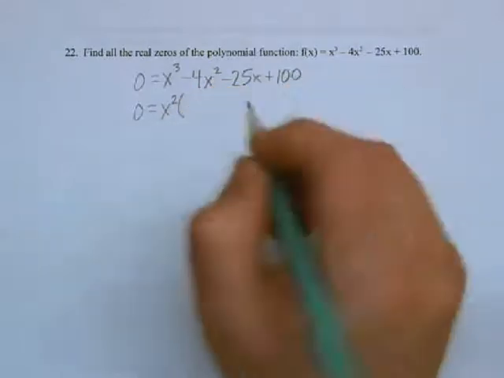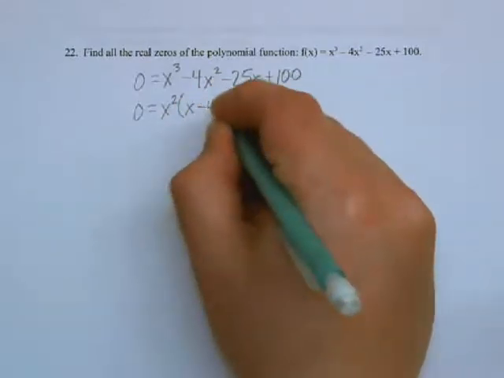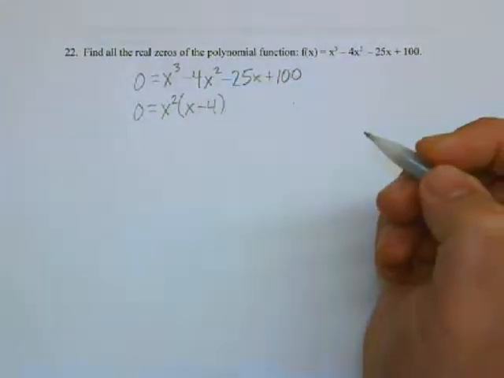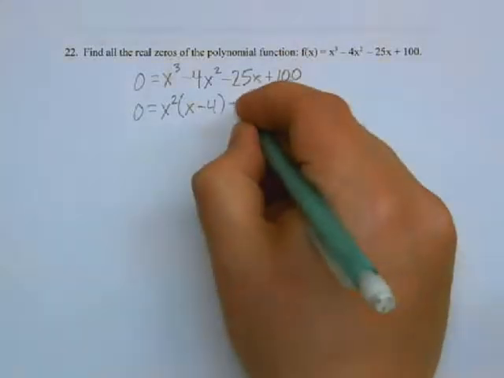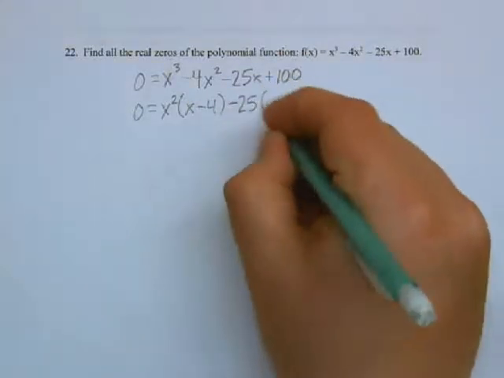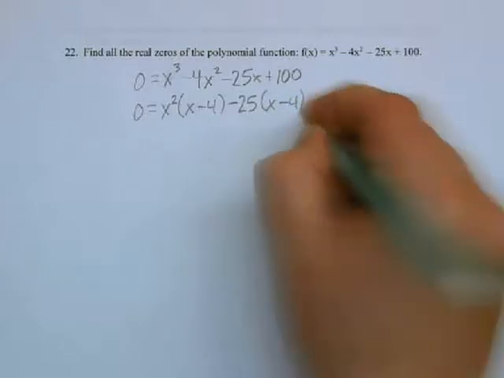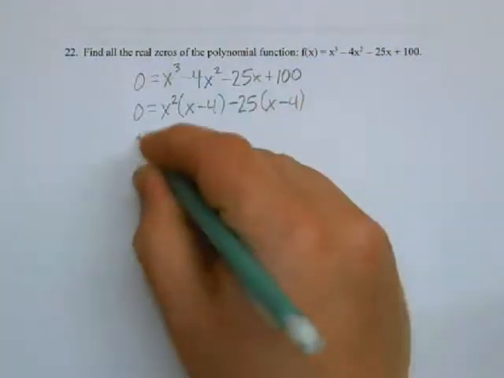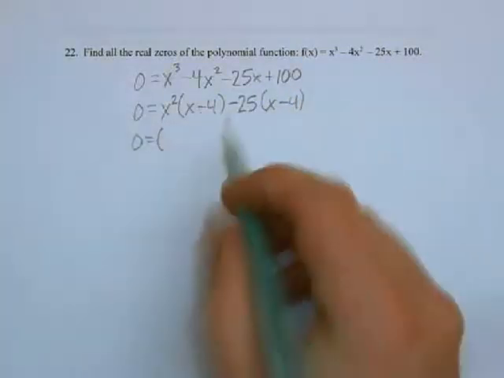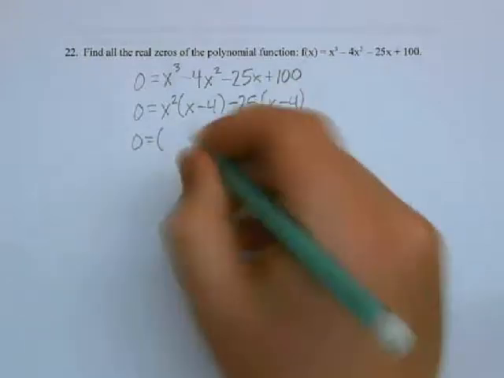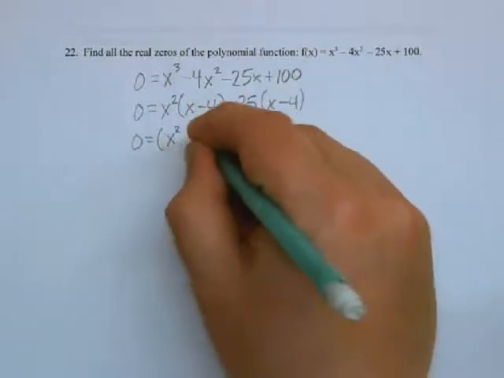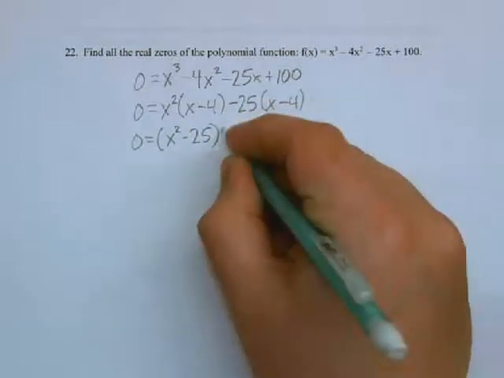And what we have left is x minus 4. And then we can factor out negative 25. And we get x minus 4. So, in factored form, we get x squared minus 25 and x minus 4.